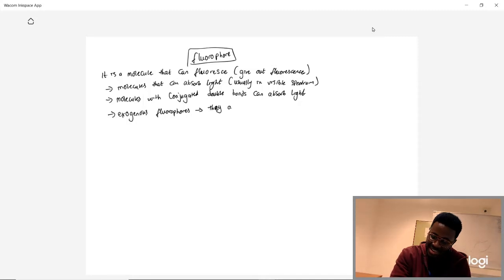There are fluorophores in our body. The example they give here is NADH, and don't forget, we already mentioned some amino acids. Those are endogenous fluorophores.